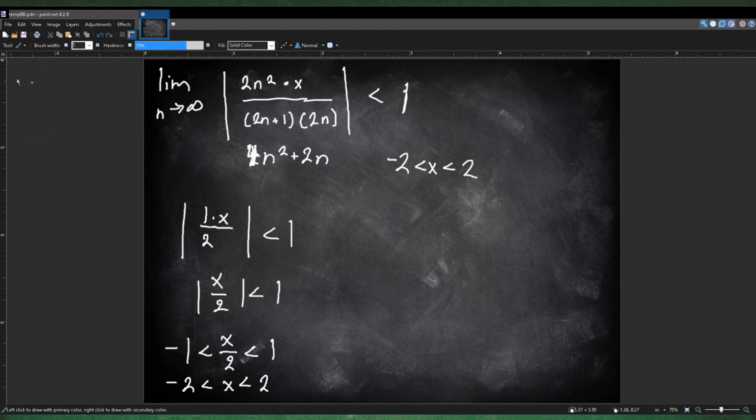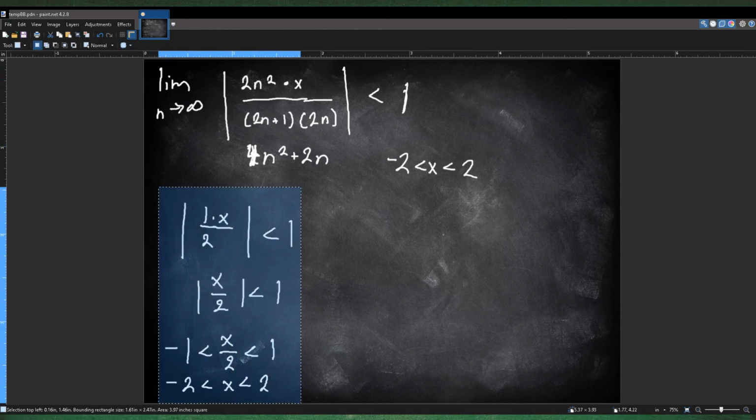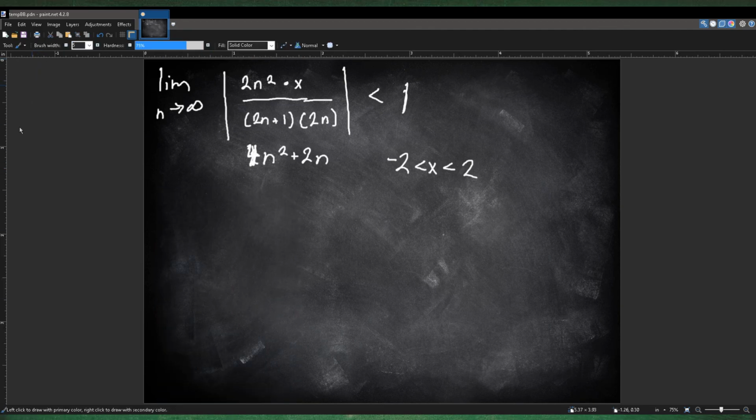But when we do this, we have to test which endpoints work. Like always with the ratio test, as we explained in our previous video, we have to test if this is going to alternate, right? So let's say our original equation, this is just hypothetical, it's not correlating at all, was -1 to the power of n plus 1 times x to the power of n divided by n factorial, something like that.